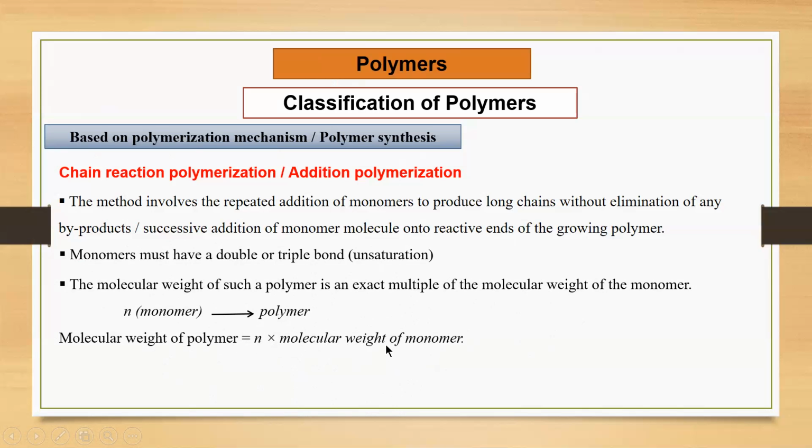This is so because the process involves successive addition of one monomer to another without the elimination of any small molecule or byproduct. Lewis acids or bases, that is, the active species, and radical initiators behave as catalysts in addition polymerization. We will look into how these radical initiators help in the addition polymerization process.